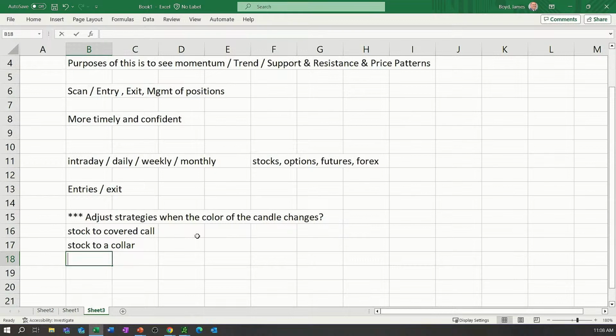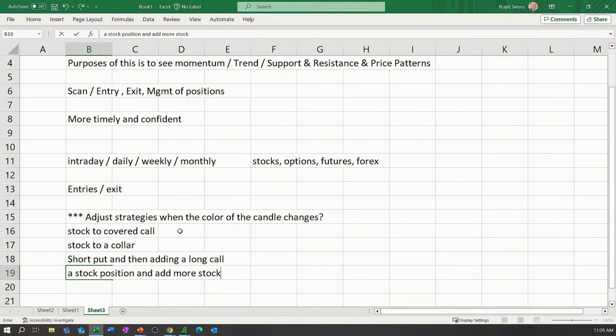Maybe it's, let's say, a short put to a long call, okay? And I should really say there, a short put and then adding a long call, or a stock position and adding more stock. So really, when we see the color of the candles change, that can mean different things for different people. I gave you some examples of what that might be.